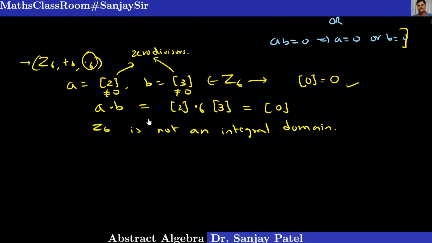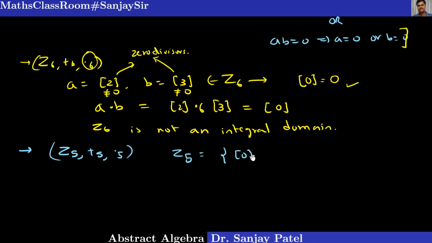On the other hand, if I take the example of the ring Z5, with addition and multiplication modulo 5, the elements of this ring are class 0, class 1, class 2, 3 and class 4.